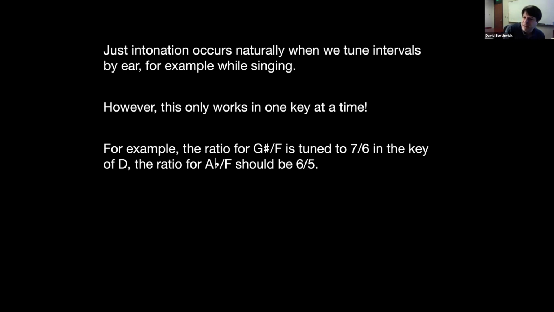So the point is that because some of these are prime numbers, we can't possibly get the ratios to work in all different keys. There's just no way for the tuning relative to a D to be the same as the tuning relative to an F. And this is actually something that Bach was exploiting in those preludes and fugues from the Well-Tempered Clavier.